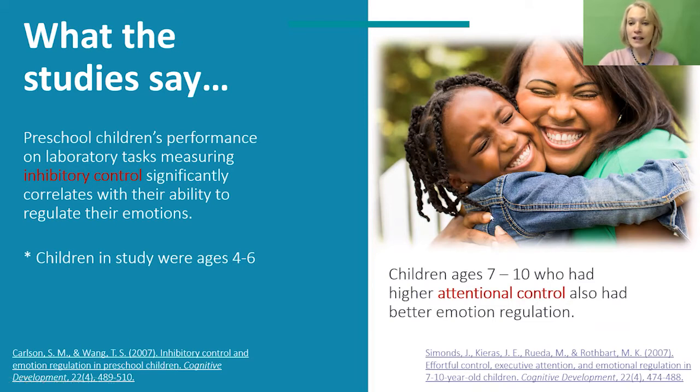Also, they did a study with students who were ages 7 to 10, and those students who had higher or better attentional control also had better emotion regulation. Now, again, these were children, but I'm certain you can relate. Those individuals that you know as adults, whether it's yourself or a colleague or a friend, if they have strong focus and strong cognitive skills, typically they have strong emotion regulation.